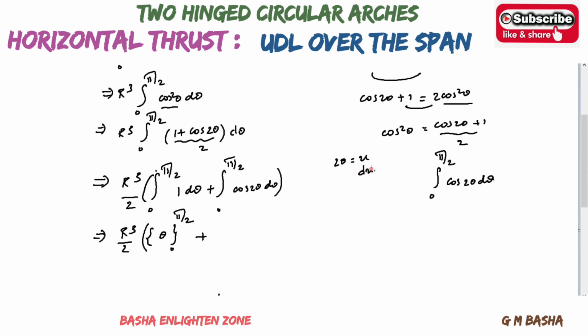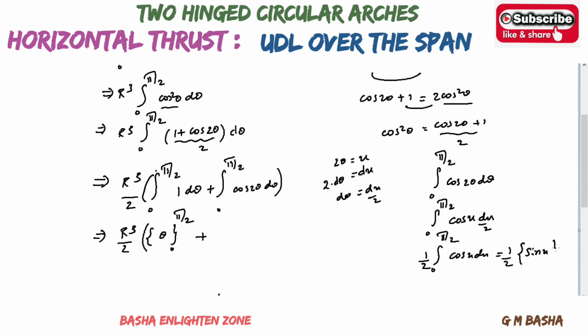Again differentiate this u with respect to theta. du will be equal to 2, 2 will be constant, 2 into d theta. So if you want d theta, you can take down du by 2. Here take down 0 to pi by 2 cos 2 theta is cos u, d theta is du by 2. Take down 1 by 2 outside, integral of 0 to pi by 2 cos u du. Apply integration here, 1 by 2 integral of cos u is sin u, that is 0 to pi by 2.